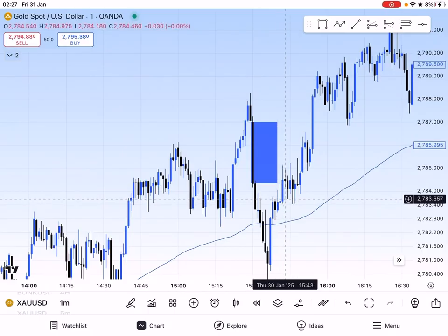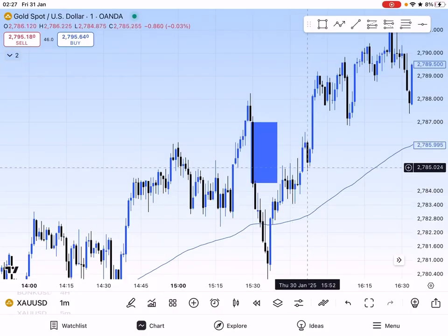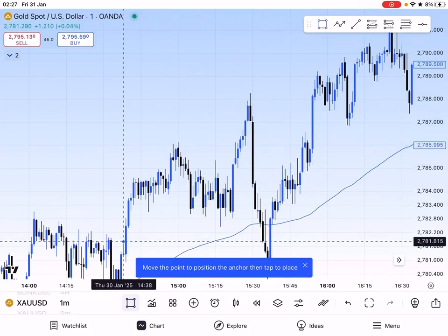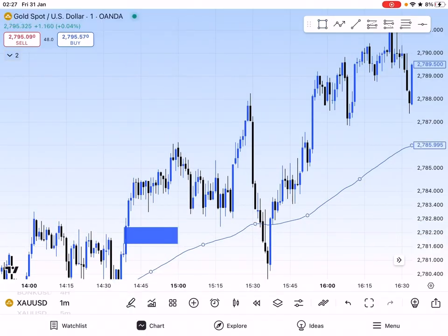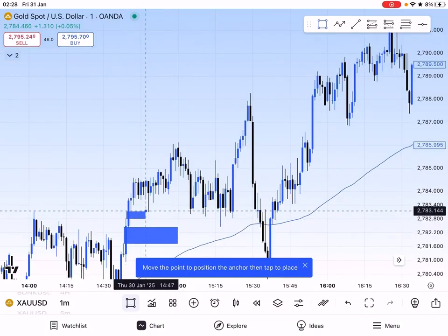Each wick mitigated the other, so that's how it's supposed to be. Price is efficient. But anytime gaps start happening, it shows that the price is not efficient. So yep, this is another imbalance. You can see another imbalance from here to here.